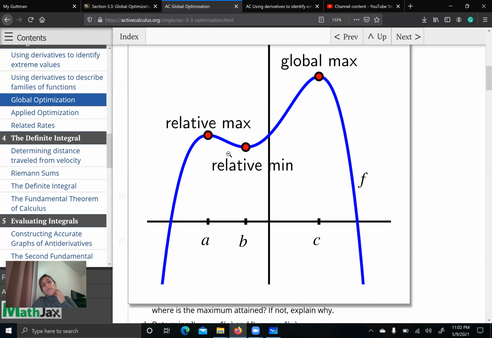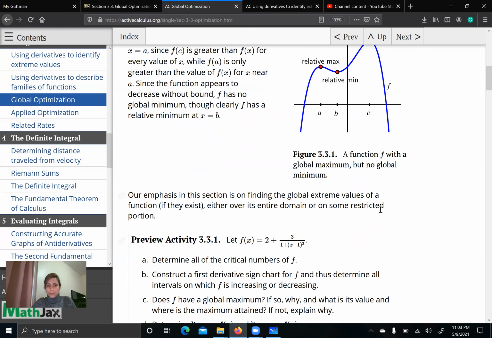In this picture, we want you to see the difference between global and relative, between absolute and local. If it is absolute or global, it means that it's over everything: that value is greater than anything. But for local, it's just a locally extreme value.